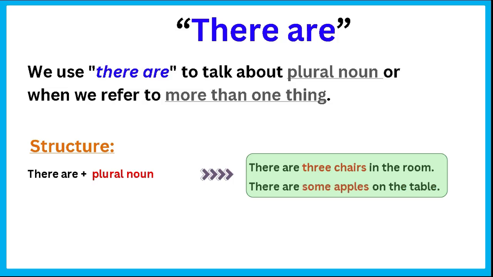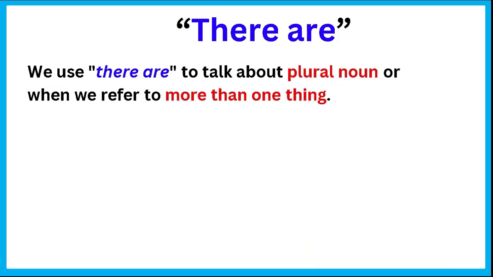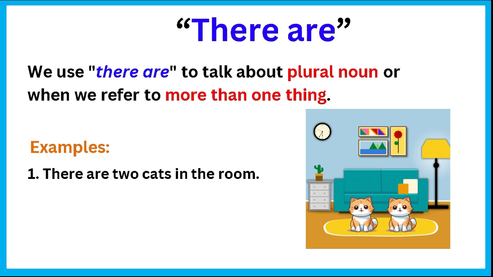Next one, there are some apples on the table. Some apples with s indicates the plural noun, so we should use there are. Let's see another example. There are 2 cats in the room.